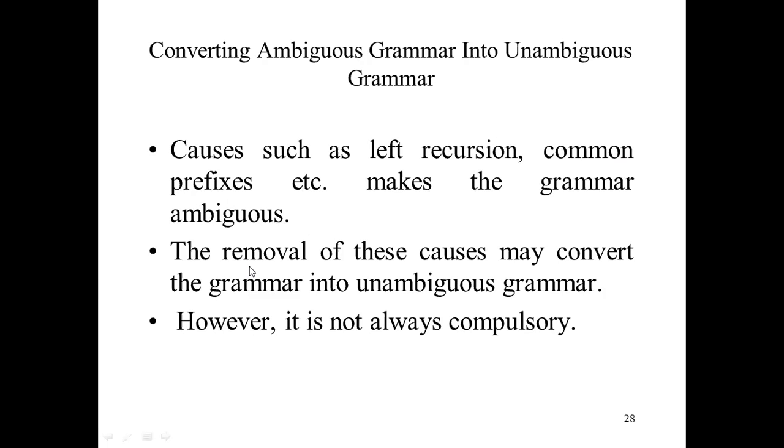We always use some prefixes, and those prefixes affect our expressions and make the grammar ambiguous. The removal of these causes may convert the grammar into unambiguous. So we always avoid common prefixes, then we can get the unambiguous grammar.